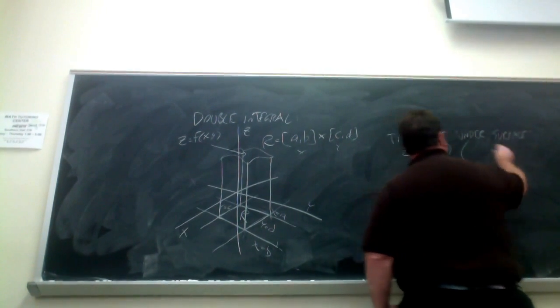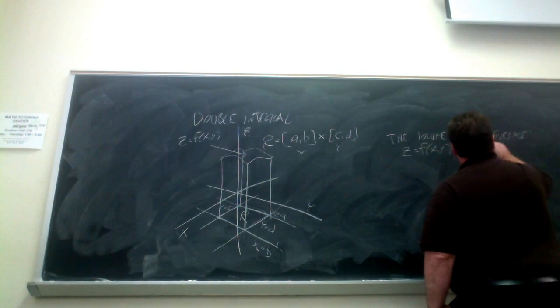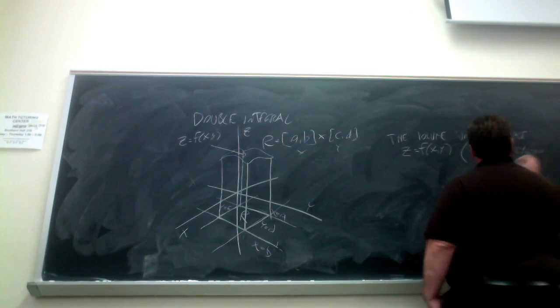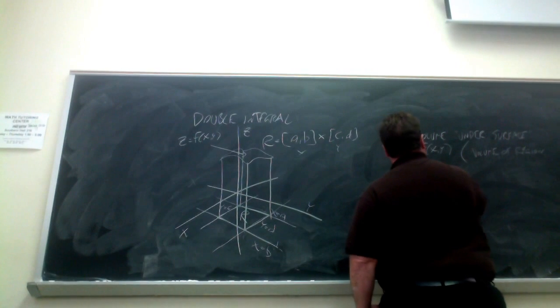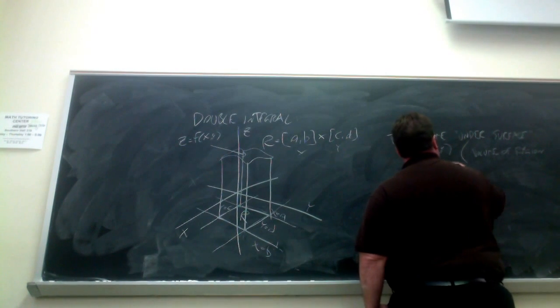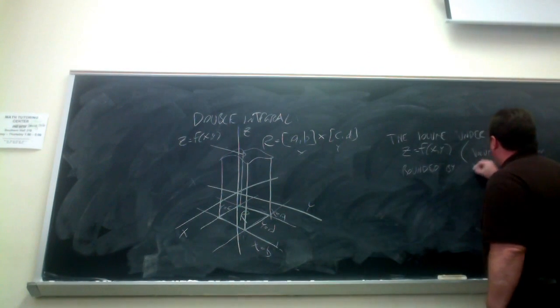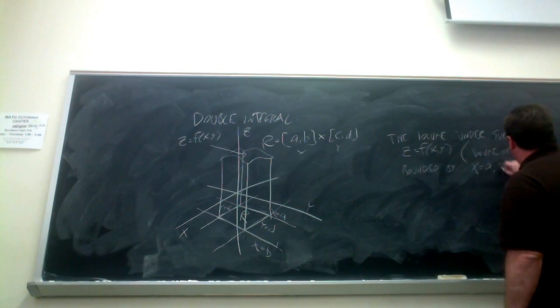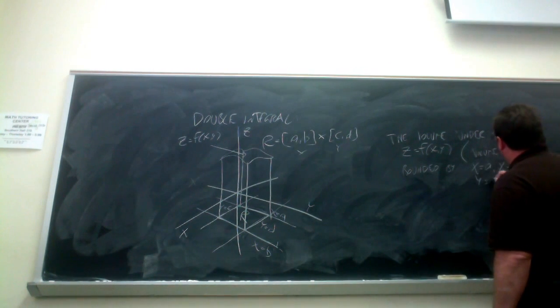And more precisely, I'll say it's the volume of a region bounded by x equals a, x equals b, y equals c, y equals d, z equals 0, z equals f of x, y.